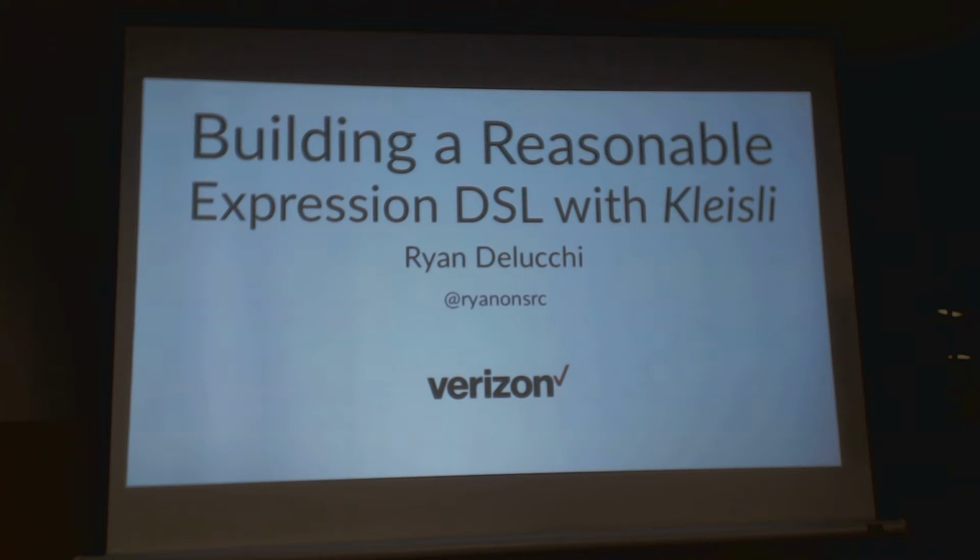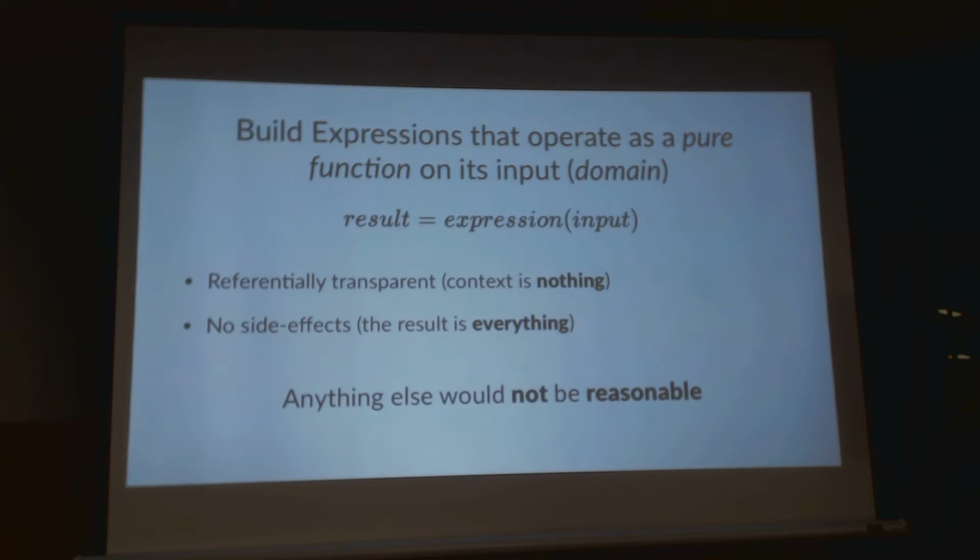So let's just jump right in. When I talk about building an expression DSL, we'll be building a DSL for defining expressions. What I mean by an expression is that you have some expression which represents a composition of multiple operations, and given the provided input, you will always see the same result, regardless of where it is within your code and the sources where the data is being received from.